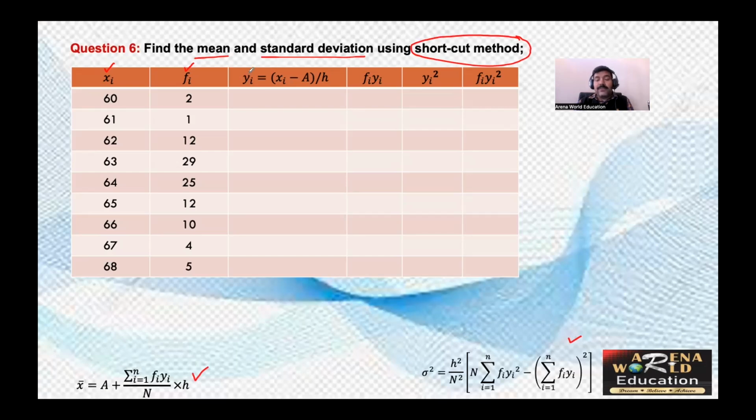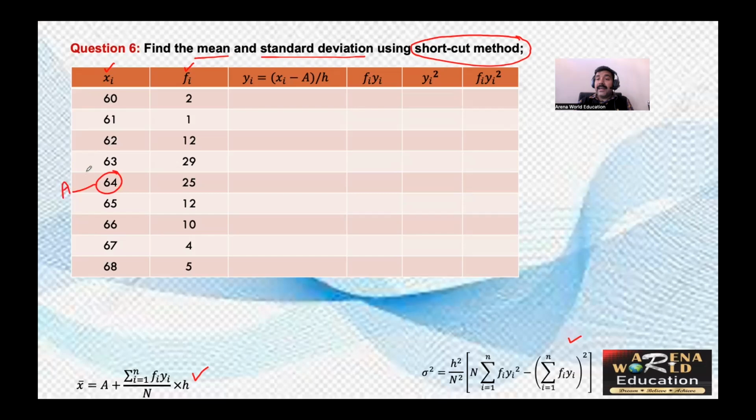First of all, we will find yi, and yi is equal to what? It is xi minus a divided by h. So this is xi. What about a? So a is the value we will assume from given xi, right? To make our calculation easy, what we can do, we will choose a number which is at the middle in xi.